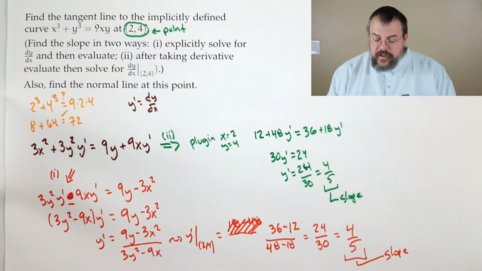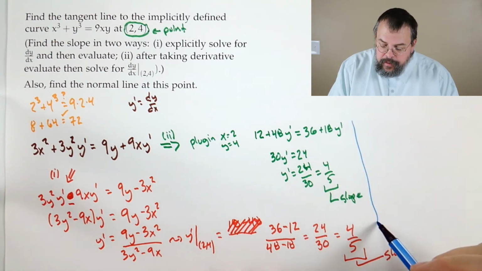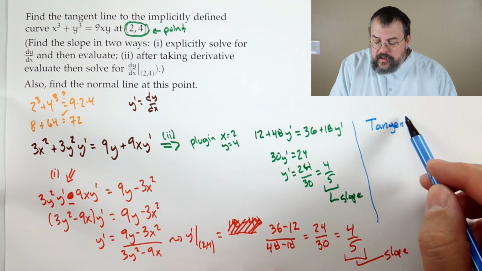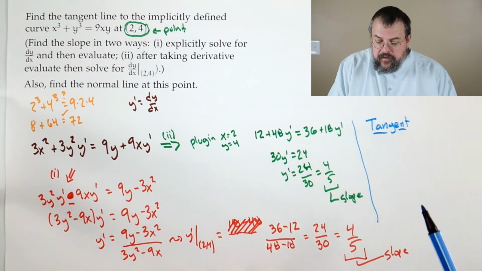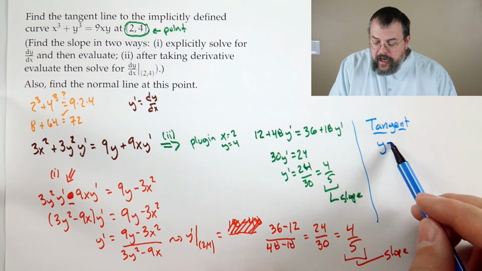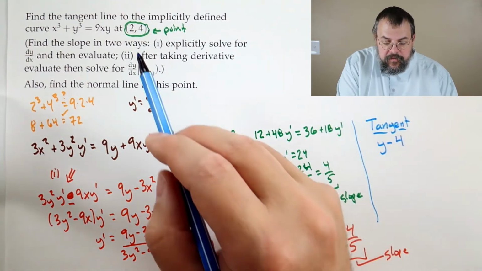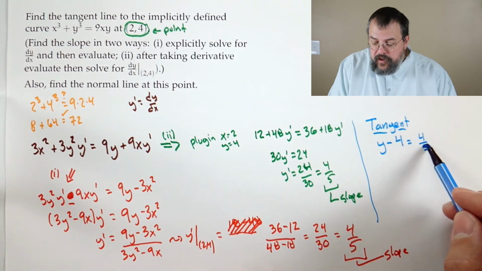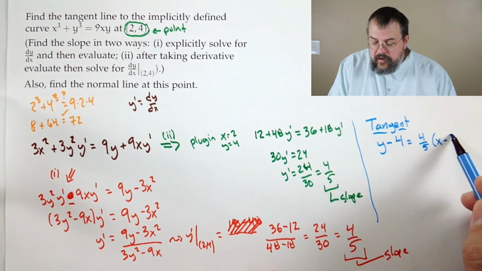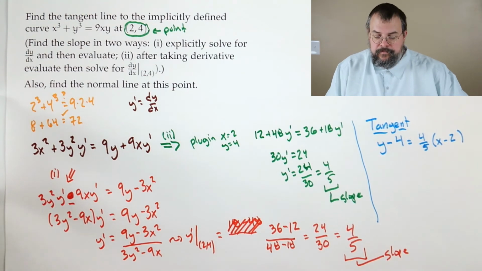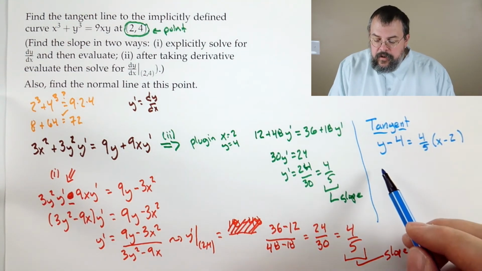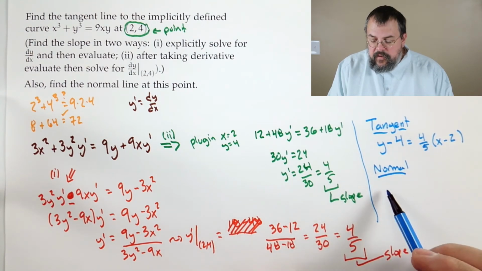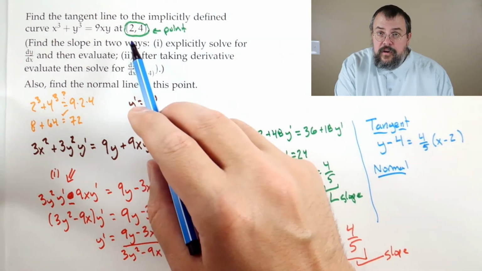All right, so we're almost done. We can now put our answers in. So for the tangent line, we know what our slope is, and we know what our point is. So we're going to take y minus our y value, which is 4, is equal to our slope, 4/5 times x minus our x value, which is 2. If I want to do the normal, that's going to look very similar because it's the same point. It's still going through 2, 4.